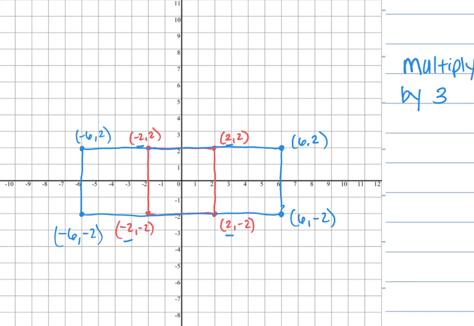Okay? What I want you to visualize is grabbing a hold of both of these red sides and pulling them apart, right? Imagine it's like Play-Doh and you pulled it apart and stretched it out.